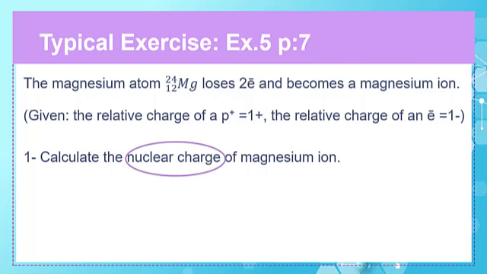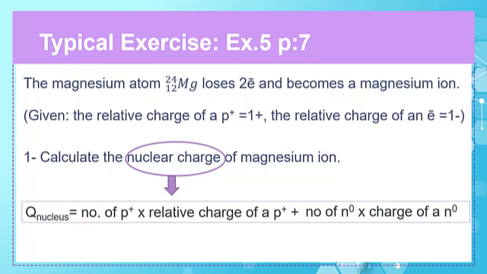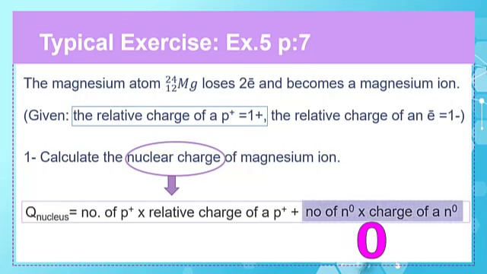The nuclear charge, as a rule, is the number of protons times the relative charge of a proton plus the number of neutrons times the charge of a neutron. Now, the relative charge of the proton is given 1 plus, and the charge of the neutron is 0, so the product here will be 0.